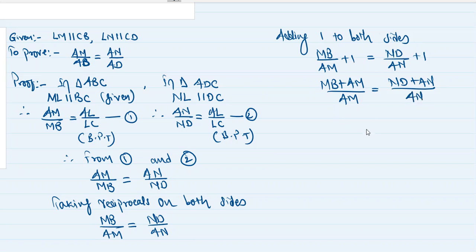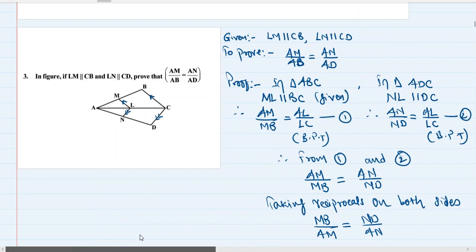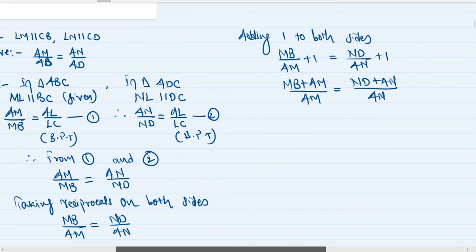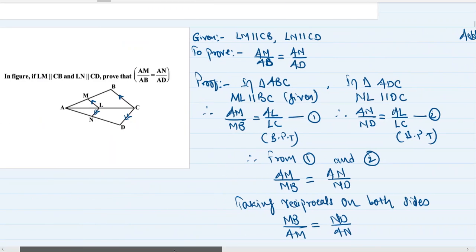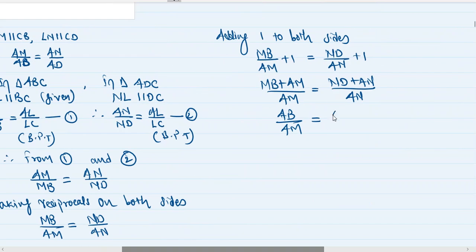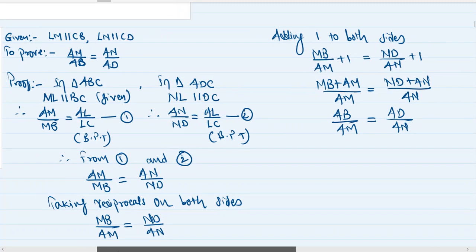What is MB plus AM? In the figure we'll find its answer. MB plus AM is AB. So we have got AB upon AM, which is equal to, what is ND plus AN? In the figure, ND plus AN is AD. So here it's AD upon AN. So see what we have to prove. Again, I'm telling you, look at the thing which has to be proved.